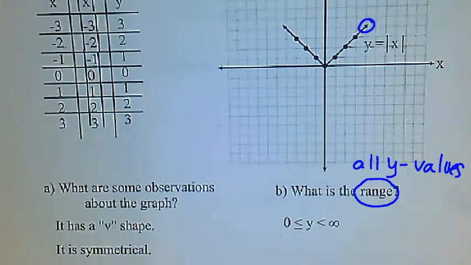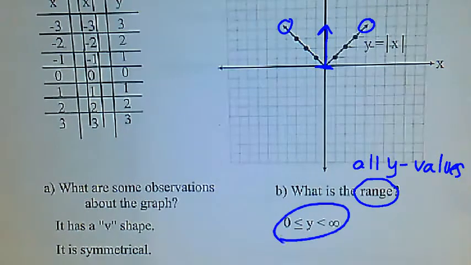We have our arrows right here. So what this is saying is that it cannot go any lower than 0, right? And then it can be anything greater than 0. So this right here, our range, this represents infinity.